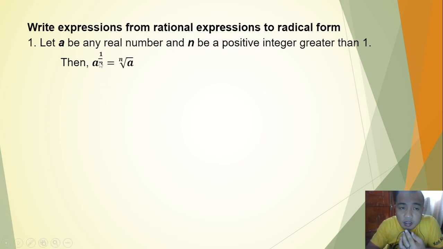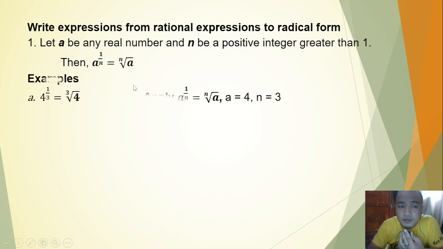So meaning to say, in the fractional exponent of a, the numerator is actually the exponent of the radicand a, and the denominator n in this fractional exponent is actually the index.